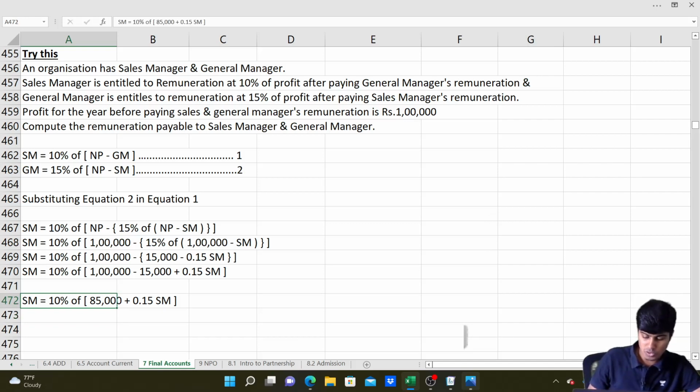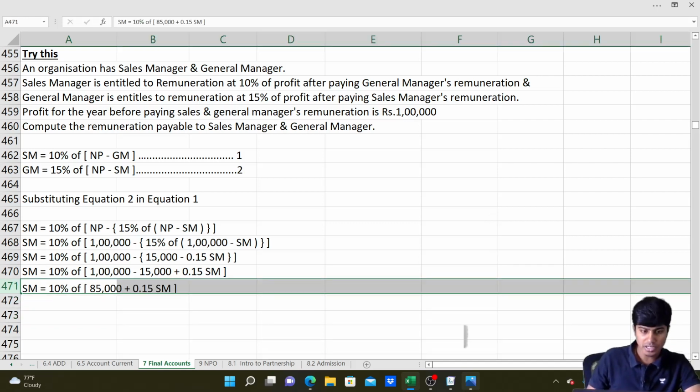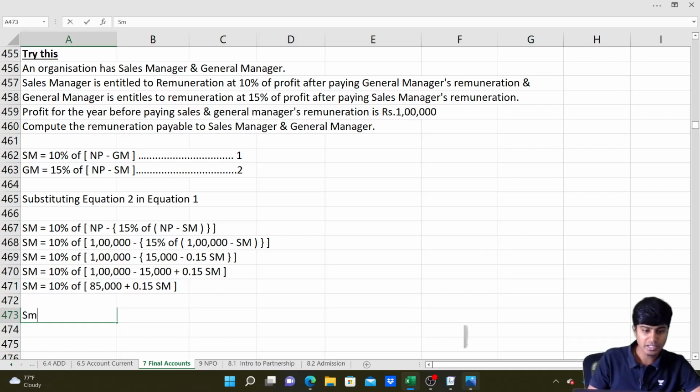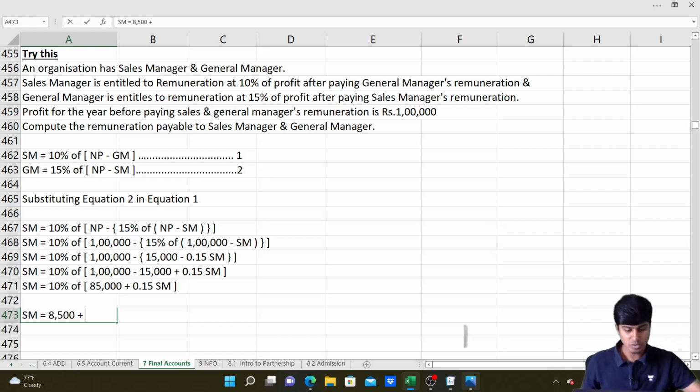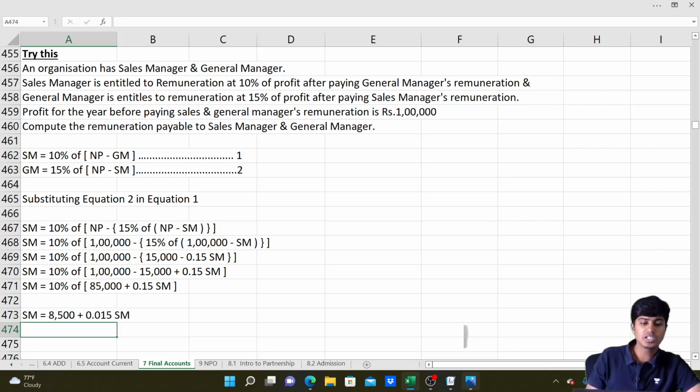Now let me solve the last part by removing the last big bracket. Right, sales manager's remuneration is equal to 10% of 85,000 is 8,500 plus 0.15 into 10%. 0.15 into 10% is 0.015. So let me write 0.015. That's where we're going to end.